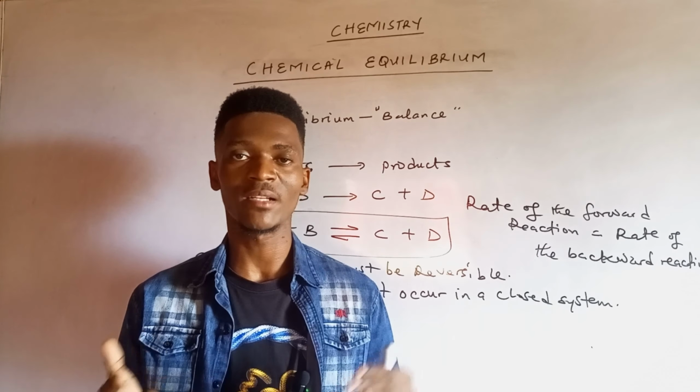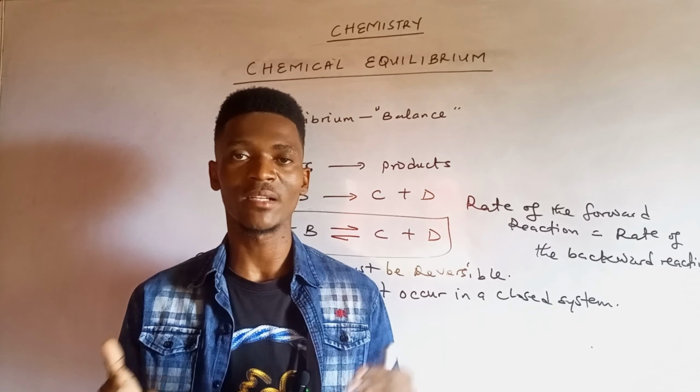So these are the constraints that were noticed by Le Chatelier, that when these changes are imposed on a chemical system at equilibrium, the system would adjust or shift in order to annul or neutralize the effect of the constraints. So we are going to look at how these different constraints affect systems already at equilibrium, losing the equilibrium of the system, and the system trying to regain its equilibrium.